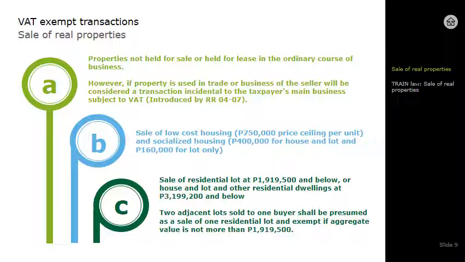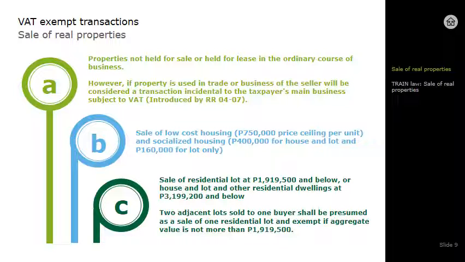Now, ito ang rule natin when it comes to sale of real property. I think you would recall in your Tax 1, no? You have learned in Tax 1 na when it comes to property, we will classify it either as capital asset or ordinary asset. What are capital assets? Capital assets are any asset which is not ordinary. So, what then is ordinary?